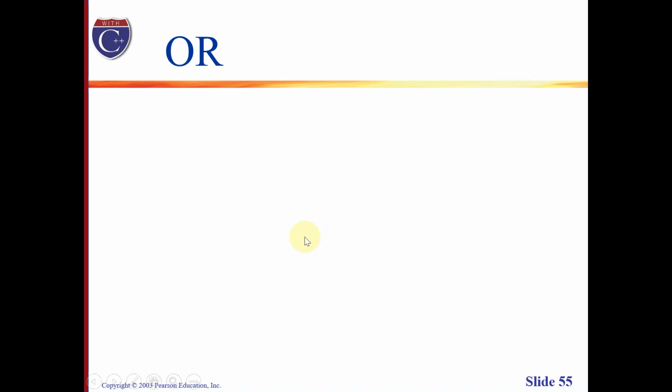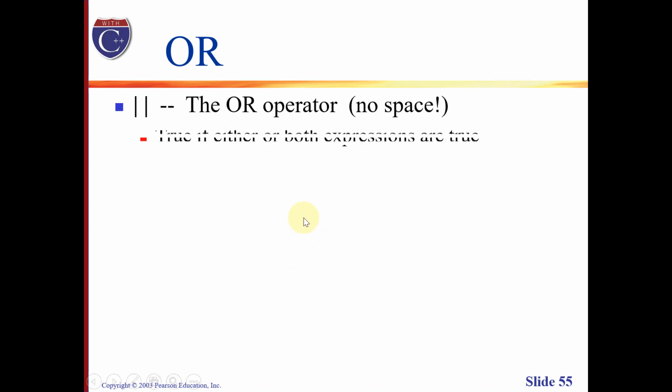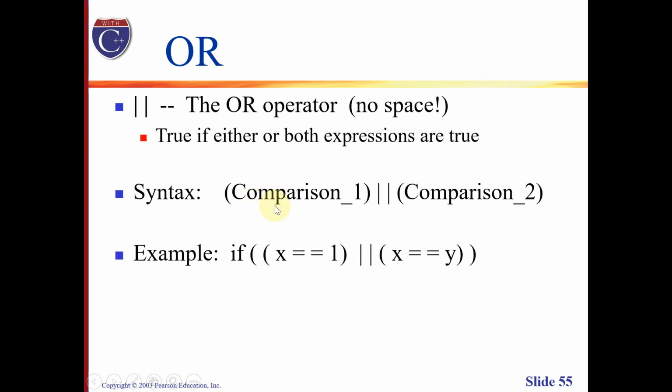Next, we also have the OR operation. The OR operator is depicted by this operator. And of course, there should be no space between these bars. It is true if either or both expressions are true, such as this one. We have the Boolean expression 1 and the Boolean expression 2.